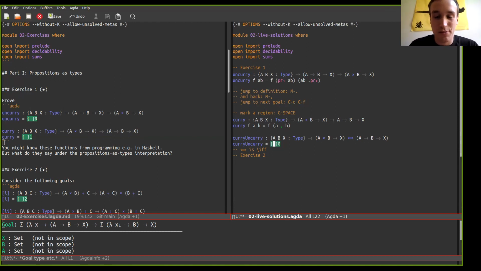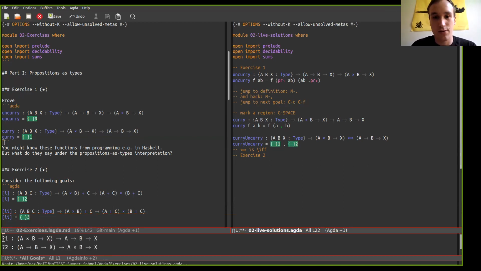What we can do is prove this by simplifying the goal, Control C, Control R, or refining, whatever it's called. The first goal is one of the implications. So this was curry.